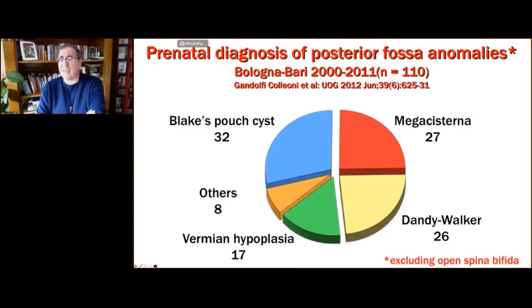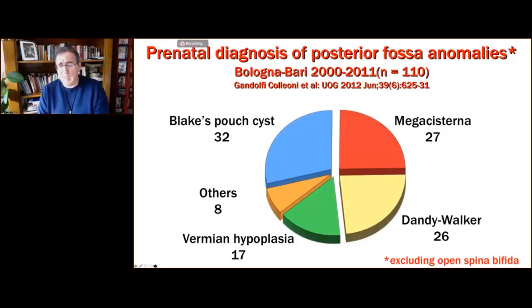And as you can see, it would seem that by far there are three entities that are the most common ones: the so-called Blake's pouch cyst, by far the most frequent, the megacisterna magna, and the Dandy-Walker malformation. Then there is a heterogeneous group of different types of conditions, but they are a minority. And the most remarkable, the most important one in this group is the vermian hypoplasia.